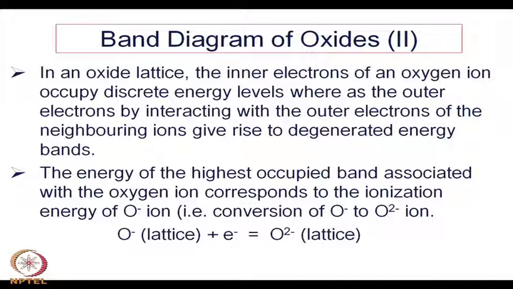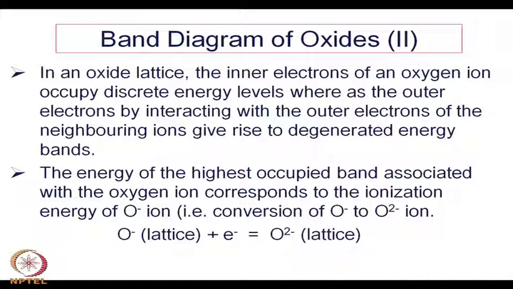In an oxide lattice, the inner electrons of an oxygen ion occupy discrete energy levels, whereas the outer electrons, by interacting with the outer electrons of the neighboring ions, give rise to degenerated energy bands, just as we have discussed earlier. So, degeneration takes place when there is an overlapping of the electron clouds of the two atoms or ions.